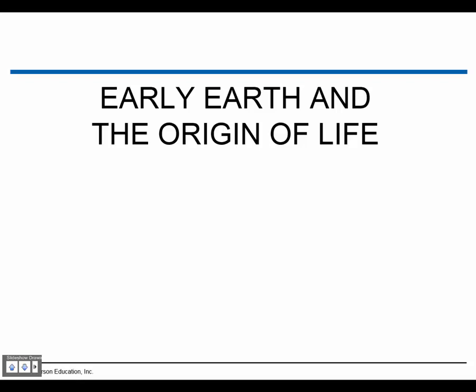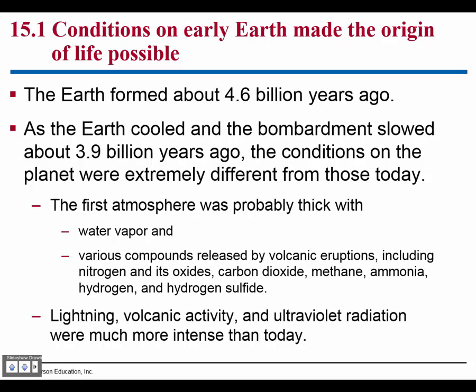Right? So early Earth formed about 4.6 billion years ago. There's lots of good evidence to support all of that, and it's very difficult to scientifically deny the age of the Earth. As Earth cooled, and when it says the bombardment, we're talking about meteors and things like that.